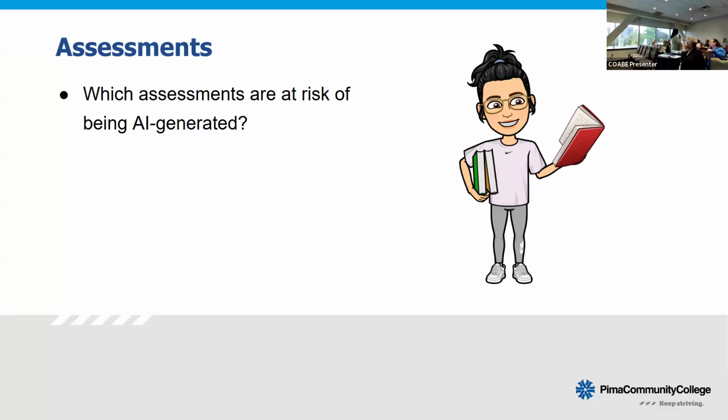So if there are parameters or restrictions in place, then they might not be able to use AI. Essays. Anyone online? One of the things that I've done to put into place when it comes to the essays is having them actually share their drive and their document of process from Google Drive.